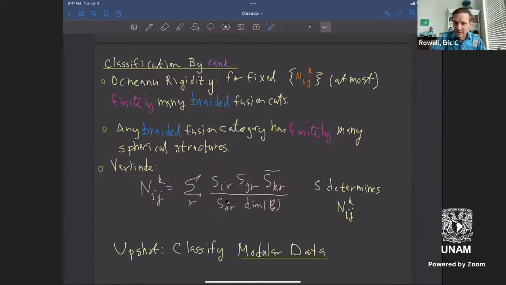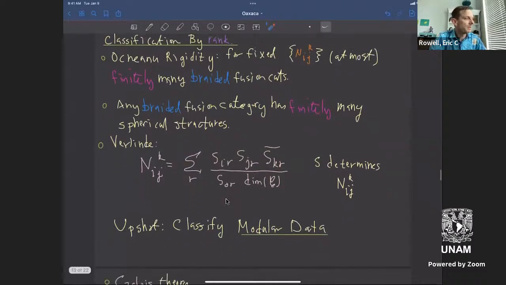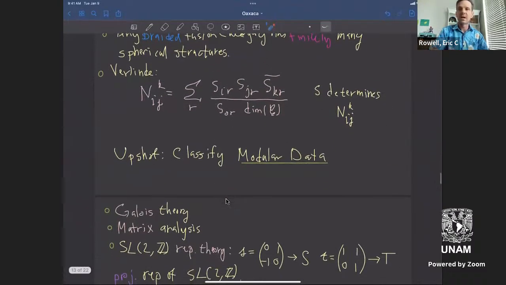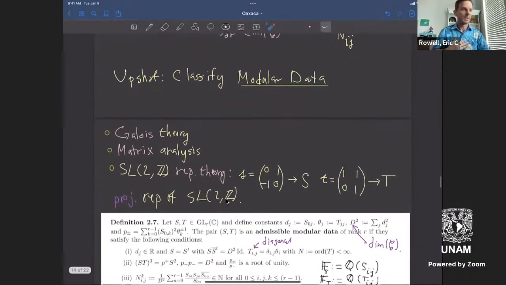So that means that if we wanted to classify all modular categories of a given rank, it would be enough, up to finitely many, a finite amount of ambiguity perhaps, to classify the modular data, namely the S and the T matrix. Okay. So there's a lot of tools that we have to use here.